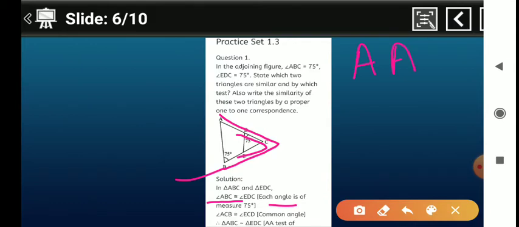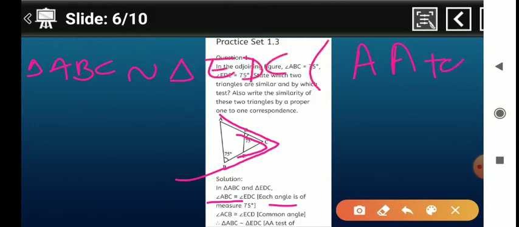Therefore triangle ABC is similar with triangle EDC by the AA test of similarity. Then we have to write the one-to-one correspondence: ABC corresponds with EDC. So this is question number 1.